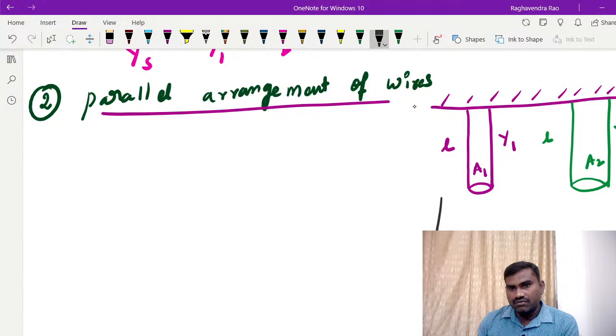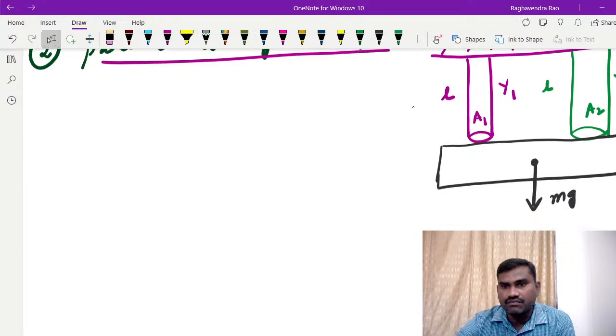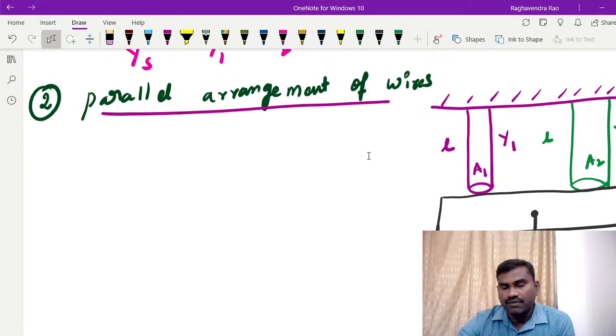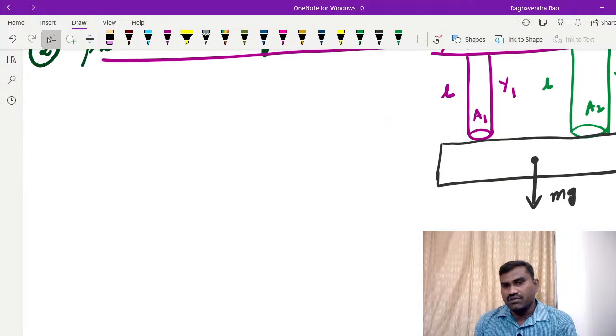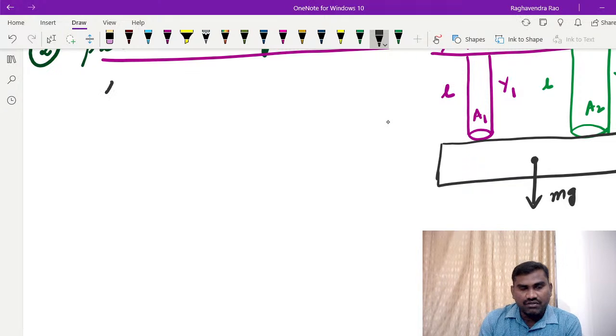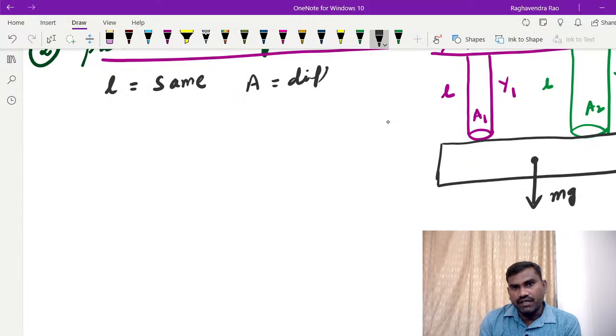Now with this combination we attach a weight. Here, this is the length L of the wire, so the length of the wire remains the same. Area of cross section will be different.